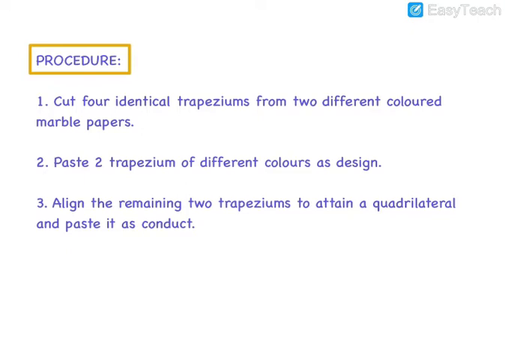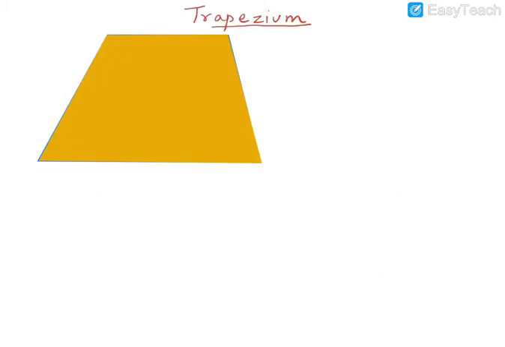The third step is to align the remaining 2 trapeziums such that the resulting figure is a quadrilateral. This quadrilateral is to be pasted under conduct. So let's start with the activity.